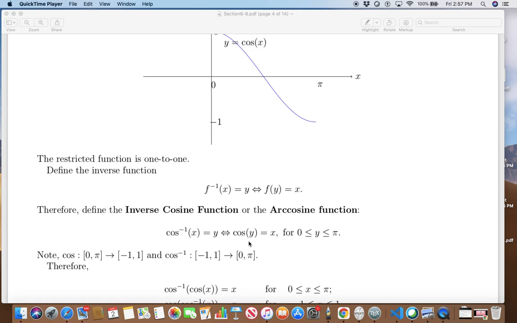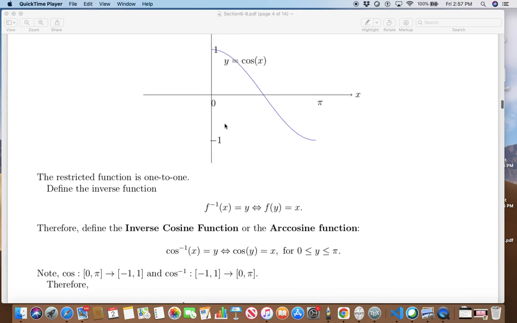So notice cosine here has a restricted domain, so my y goes from 0 to pi. Cosine has domain 0 to pi and its range is -1 to 1. Therefore, the inverse has domain -1 to 1 and range 0 to pi.